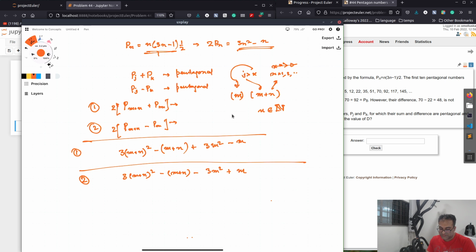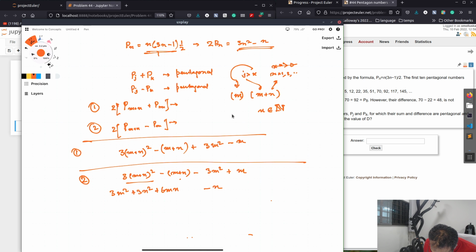So that's the value. So over here m and m is going to cancel. We will be left with minus n over here. There is going to be a 3m square plus 3n square plus 6mn. That's going to be from here.